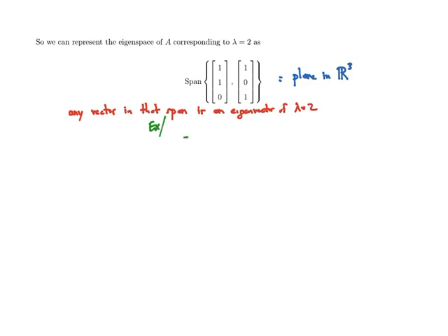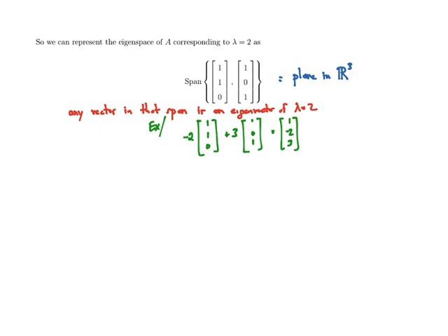So I could take maybe negative 2 times the first plus 3 times the second. And that will just give me one of my eigenvectors. In this case, that would give me 1, negative 2, 3. There's nothing special about that eigenvector that I found, but we could find any eigenvector in that way.